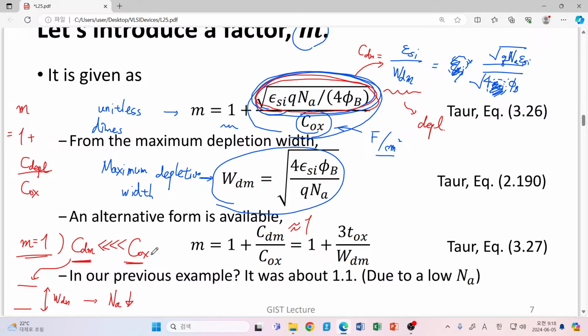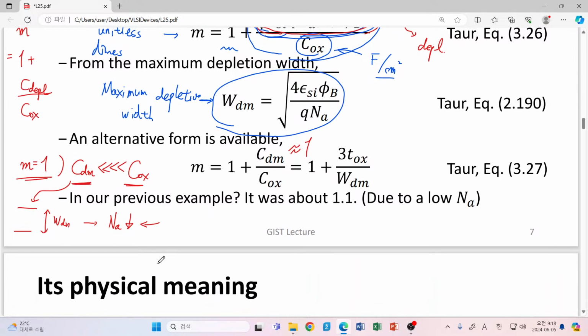However, if you introduce this kind of quite small doping density, that is directly related with the reduction of your threshold voltage. So as I told you in our last lecture, we have to have a certain reasonable value of a threshold voltage.